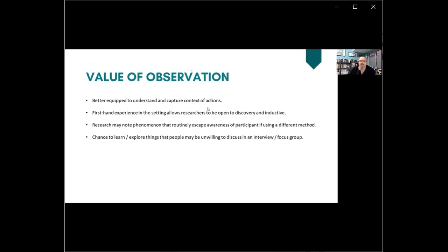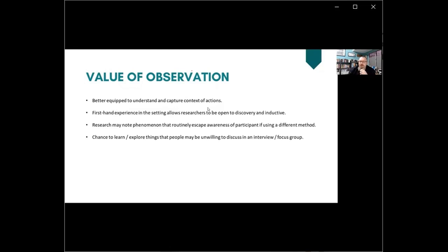It gives us firsthand experience in the setting, which allows us as researchers to be open to discovery and more inductive. It actually enables us to grow our understanding through experience rather than our understanding through prior research and literature. So it does help us to develop and to change perhaps our own interpretation and our own thinking about some of the issues.